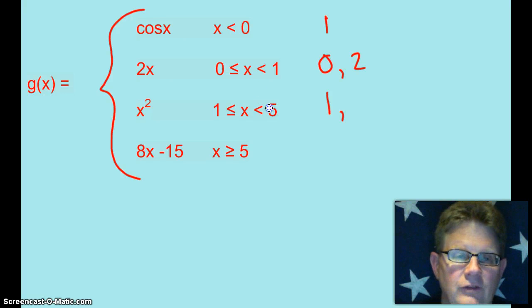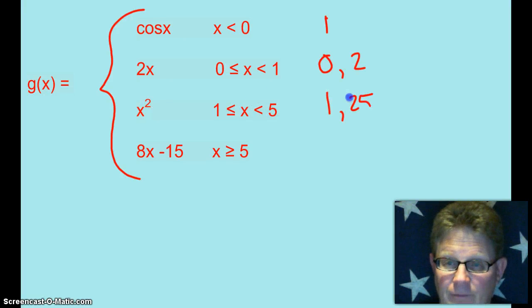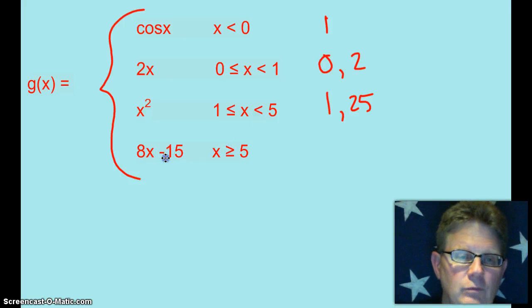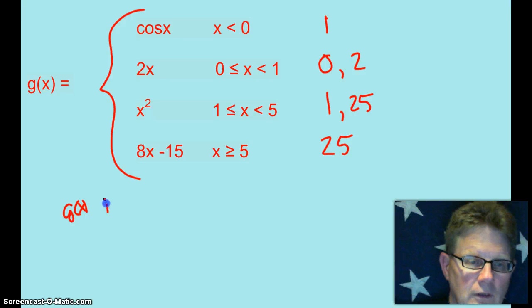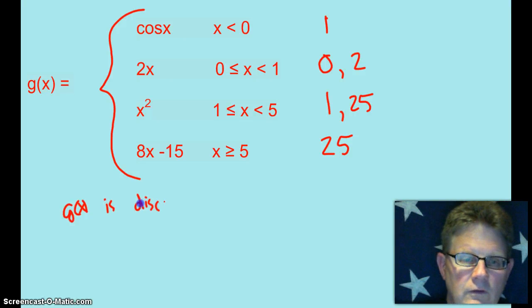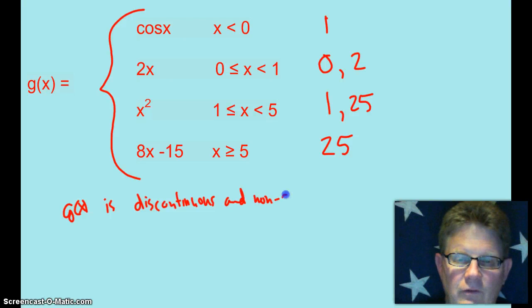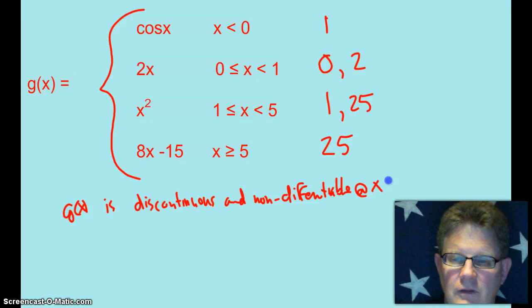The value of x squared as x approaches 5, 25. And the value of 8x minus 15 as x approaches 5, 25. So g of x is discontinuous and non-differentiable at x equals 0 and 1.